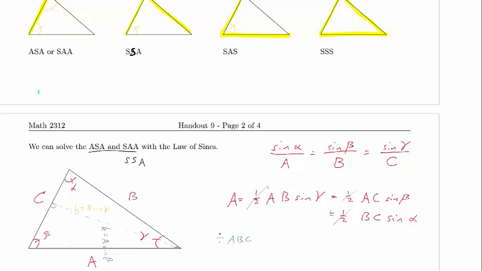So the first guy becomes sine gamma divided by C, since that's the only thing that's left. This second expression becomes sine beta divided by b. And this last expression, we're going to divide by ABC. The b and c both cancel, and all we're left with is the a. And so that becomes sine alpha divided by a. And there's our proof.